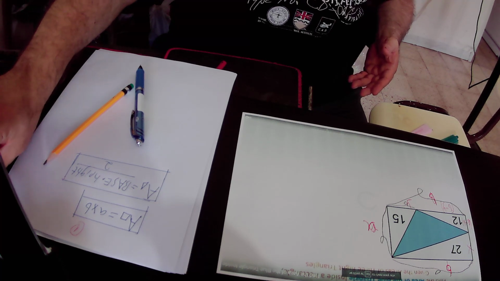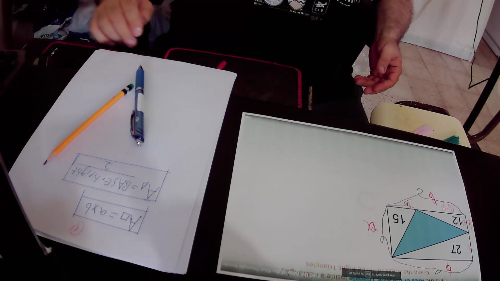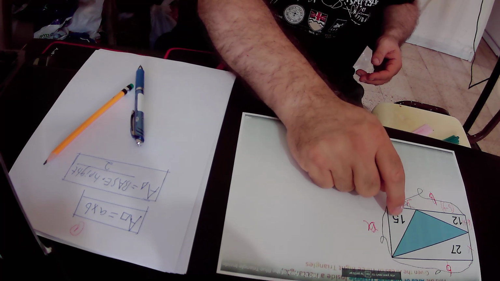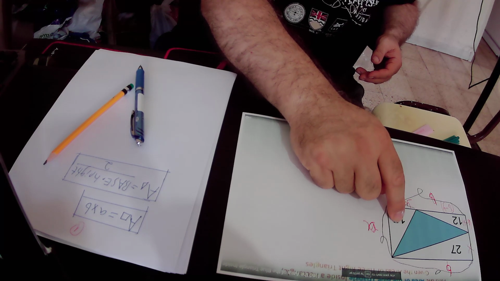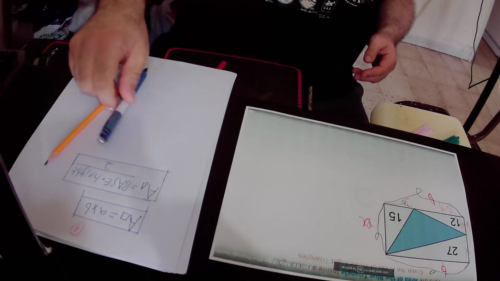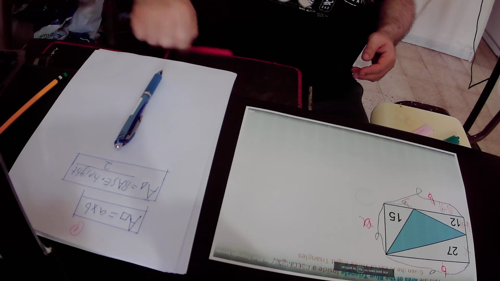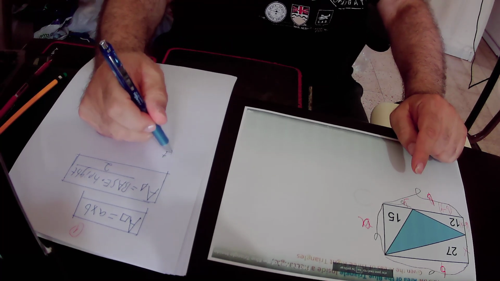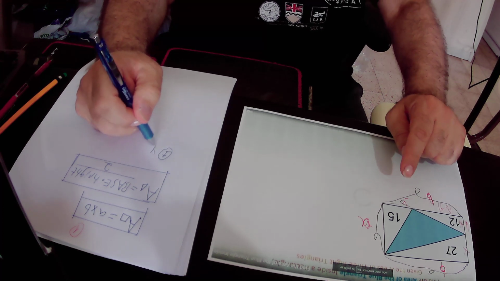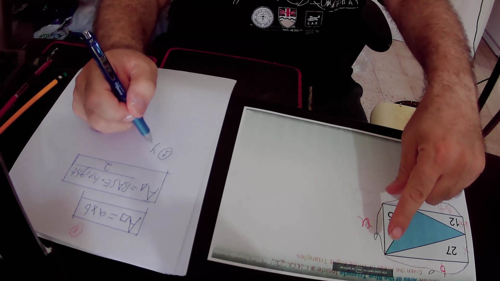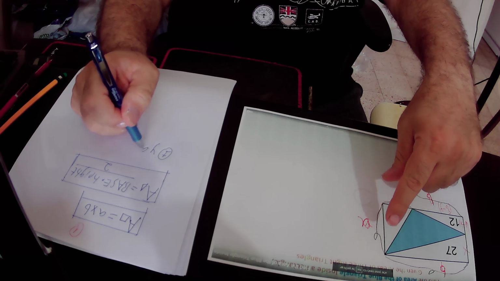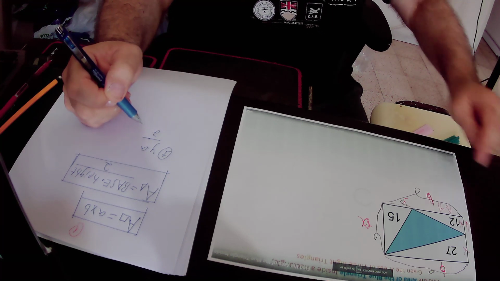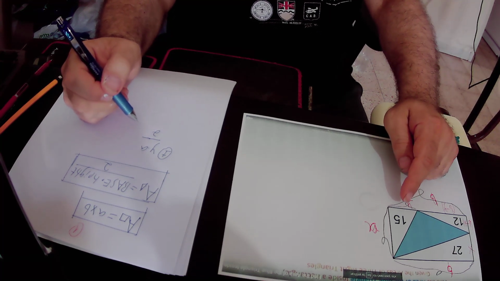So actually the formula for the area of this triangle will be the base of the triangle, that is y, times the height of this triangle, that is a, divided by 2. And the area is given to us.